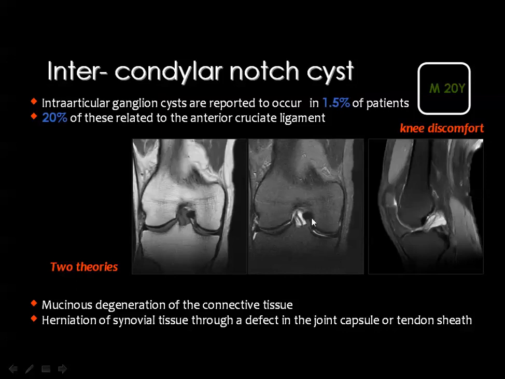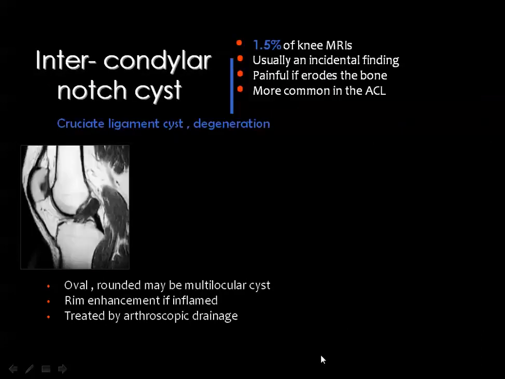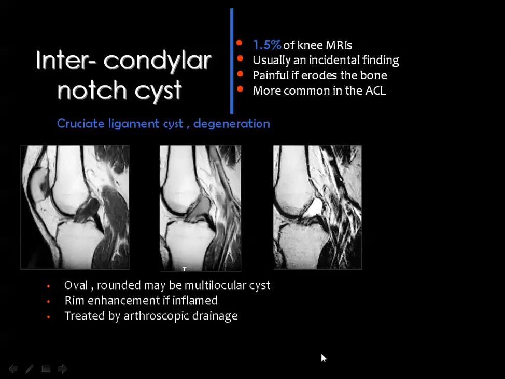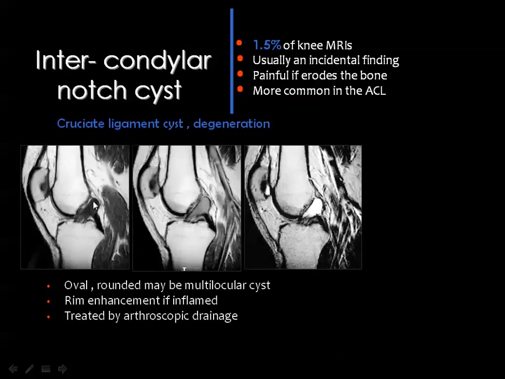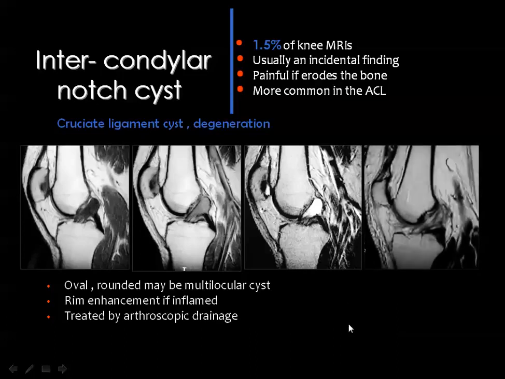This is a good example, T1 and gradient image, and also here in the T2 weighted image, and you can see the fluid content of the lesion. This is also a good example of the anterior cruciate ligament: low signal in the T1, intermediate in the proton, high signal in the T2. This is the difference between an intercondylar notch cyst and ACL mucoid degeneration.